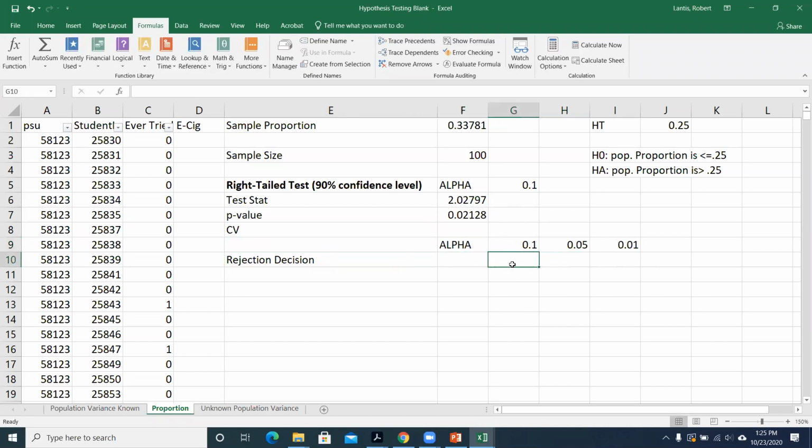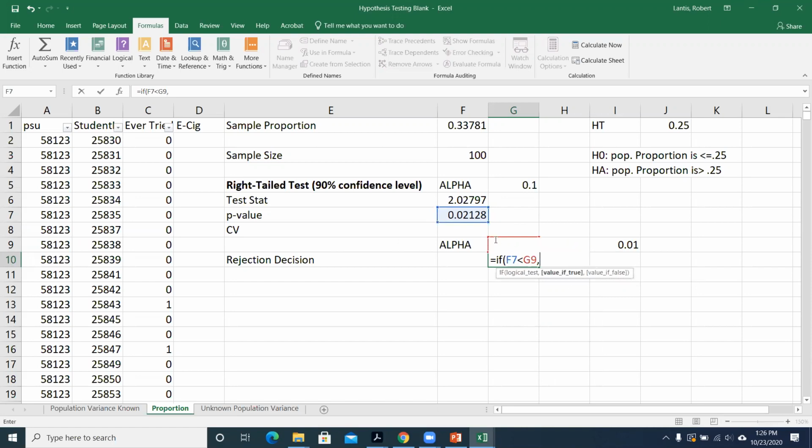Okay. So what I'm going to do is use this IF statement and test for, well, what's our rejection decision? If our p-value is less than, oh, and it's doing this thing again. I don't know why it does this on my laptop, but not in my office. So what that is, cell G9, right? For some reason it's overlapping here. But I want to test for whether or not that p-value is less than the alpha value.